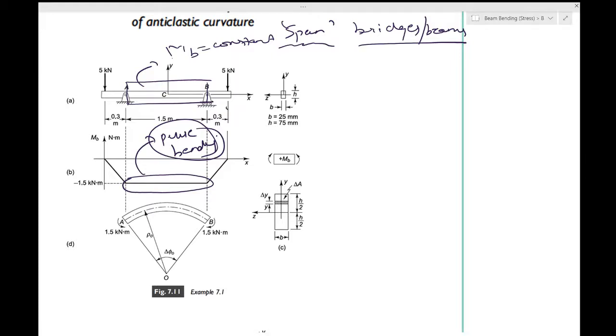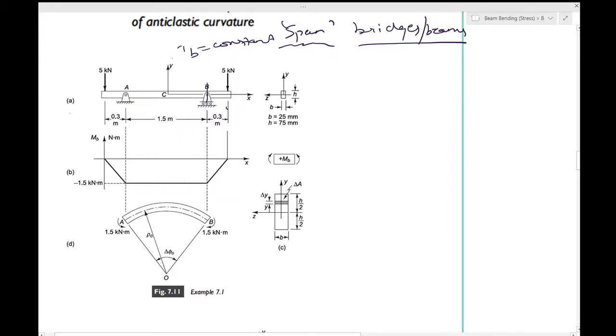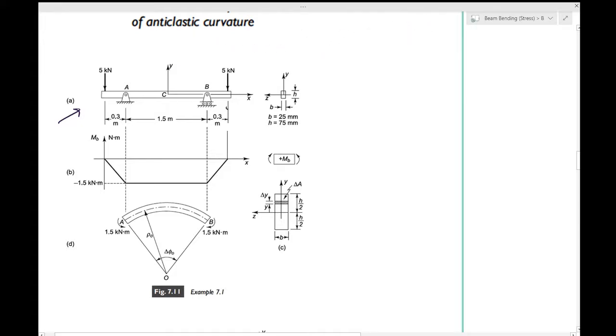Okay, so we cannot just look at a problem like this and assume pure bending right away. There has to be a reason for doing that, and in this case we have found it. So the AB part of the beam is under pure bending, and that will be very helpful for us.